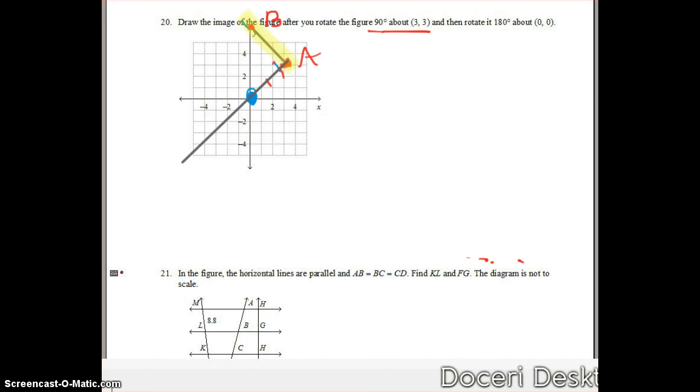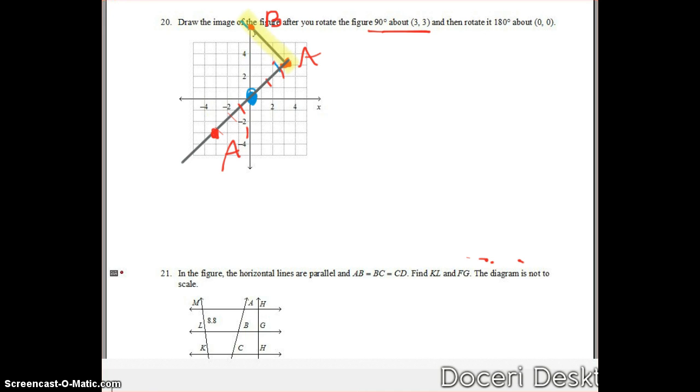Draw a straight line right through the origin and point A, and it is 3 diagonal units from the center. So I'm going to go 3 diagonal units from the center here, 1, 2, and 3. So I'm going to have a point here. This is A prime.